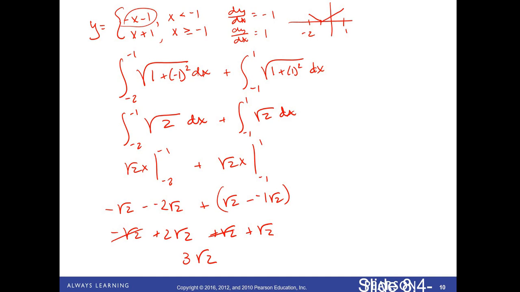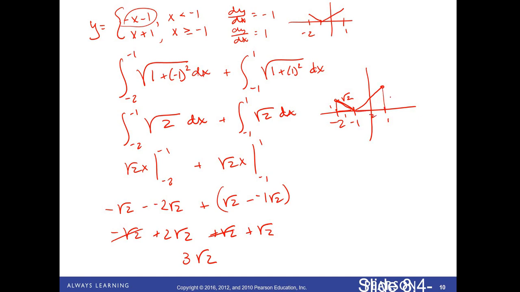Now, since these were straight lines, I could have done this using some of our other tools. So let's redraw this picture. And let's take a look at these as line segments. So this is part of this right triangle, side length 1 and 1, so that length is root 2.